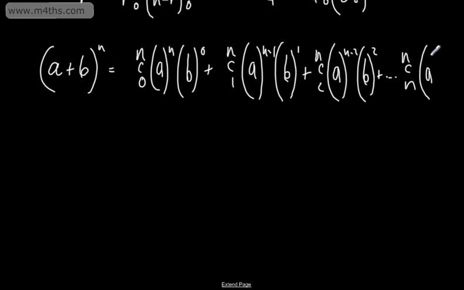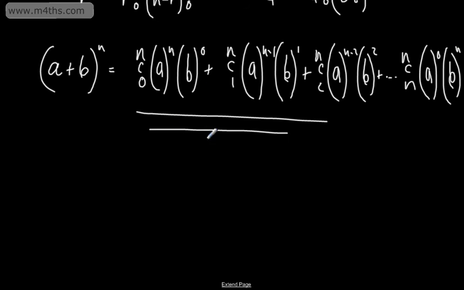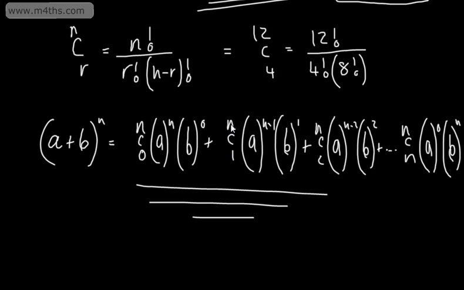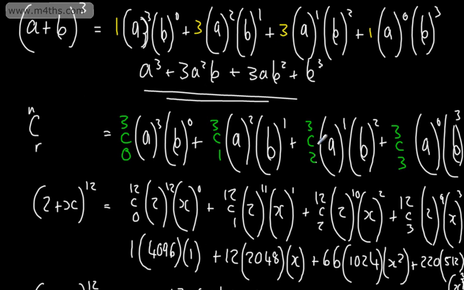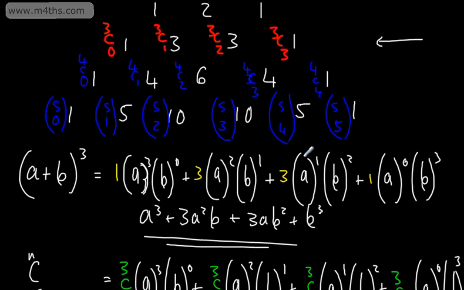We will have a to the 0 and then b to the n for our finite expansion. So if we've got n here, we've got n plus 1 terms. As stated, you don't have to remember that. That's given in a formula book. All you've got to do is apply it like so.